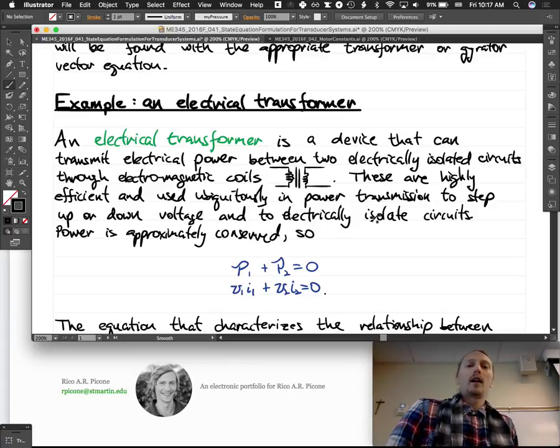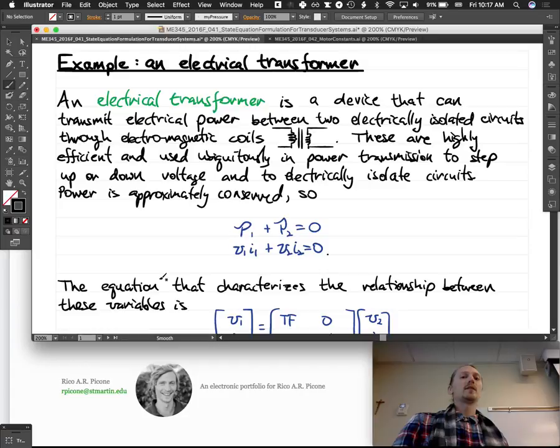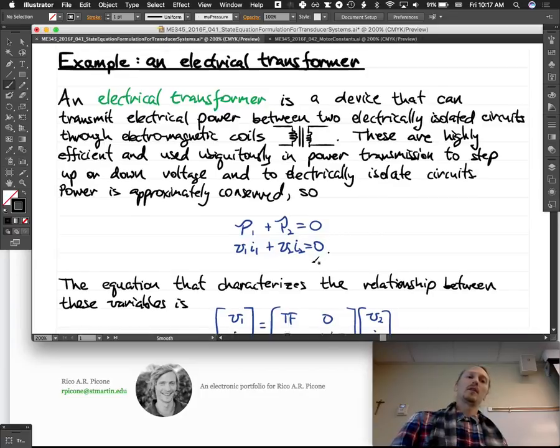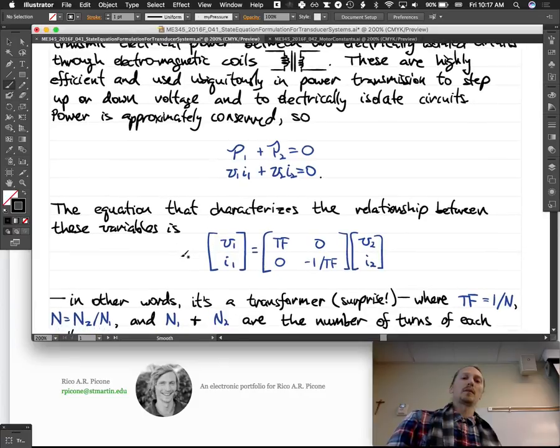These are highly efficient and used ubiquitously in power transmission to step up or down voltage and to electrically isolate circuits. Power is approximately conserved in them, so our usual relationship here that if you add up all the power in, then it must equal 0. The equation that characterizes the relationship between these variables then is this.